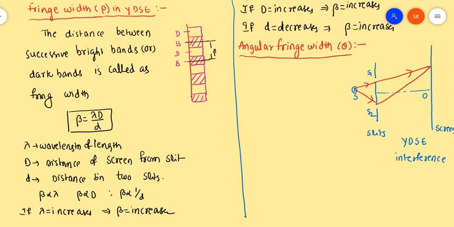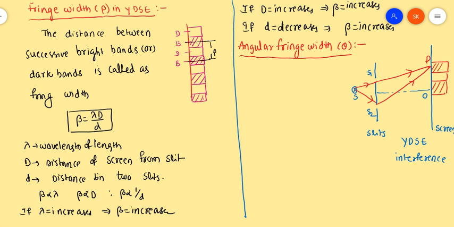At every point on the screen the light waves meet, and this is a point P. For example, this is a bright band and this is a dark band, and this is the center bright band. You know the center bright band will form, right?